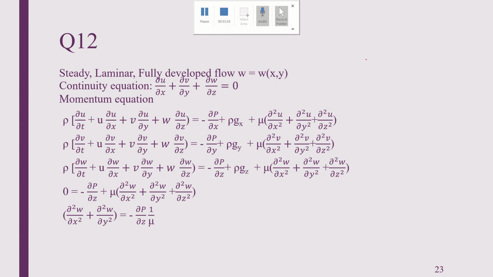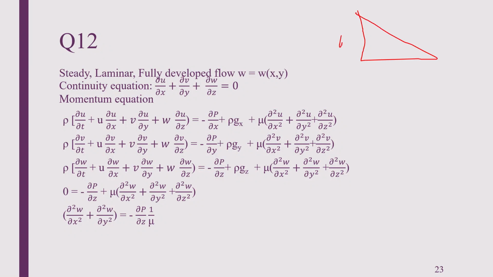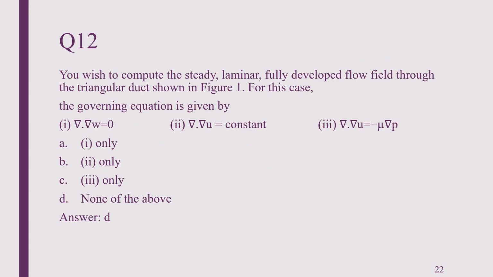As you remember, the flow field is this, with y, x, and W in this direction. So W is a function of y and x. For any solution, we need the continuity equation and the momentum conservation equations written. Only from that can we proceed to get the governing equations.